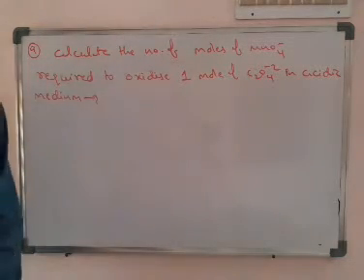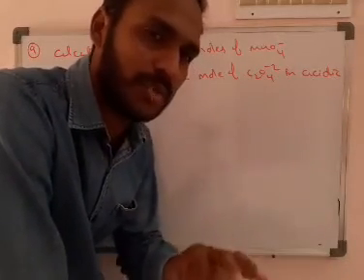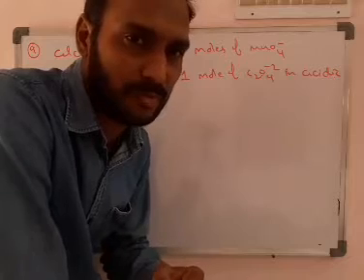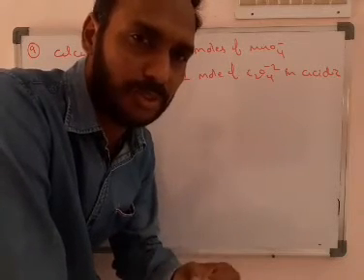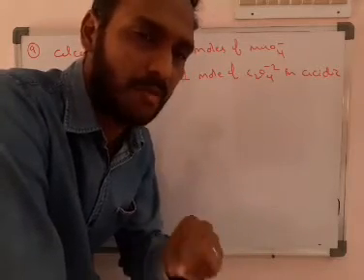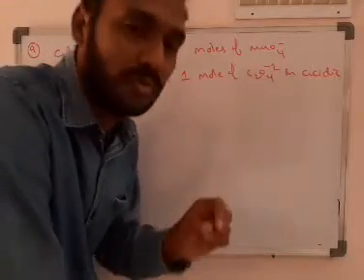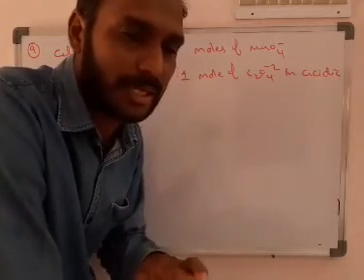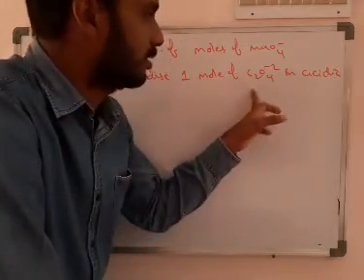So it is exactly similar to the last one, but here we have to find the number of moles of MnO4 minus. In the last problem, 1 mole of MnO4 was given and we had to find the moles of NO2 minus. Here we have to find the moles of MnO4 minus, permanganate ions. The given is oxalate.